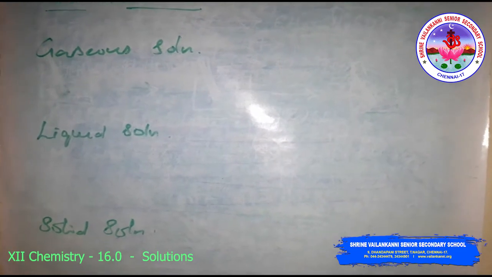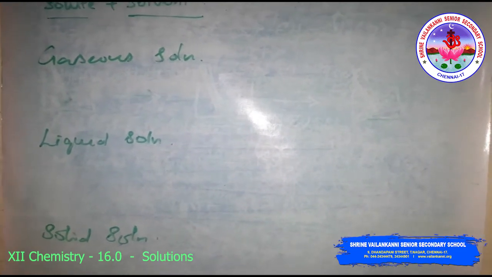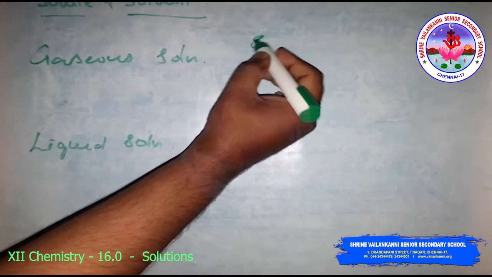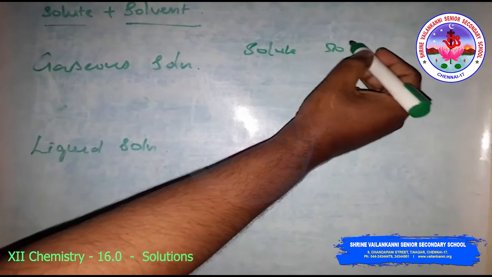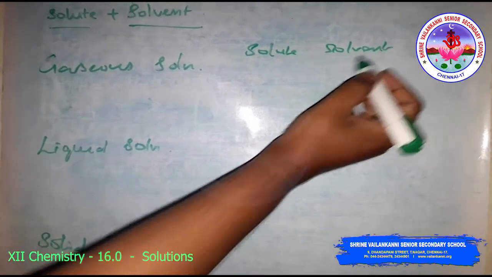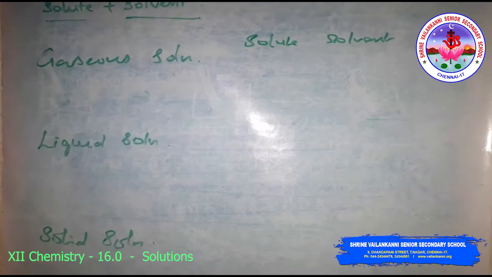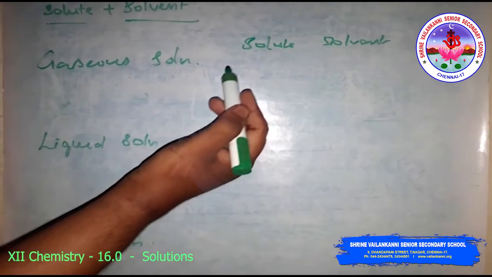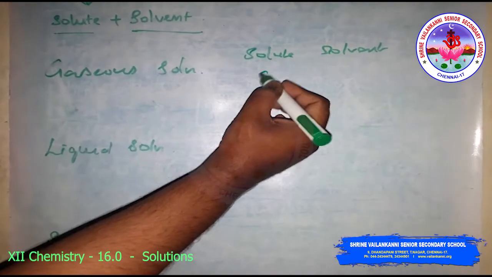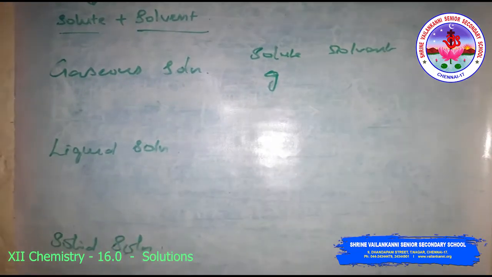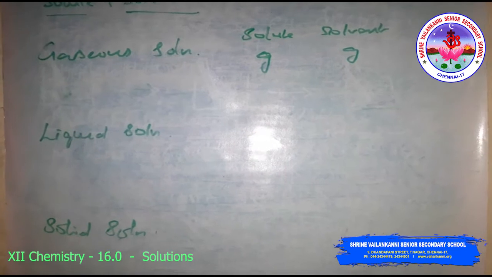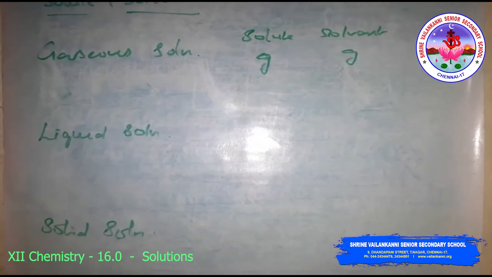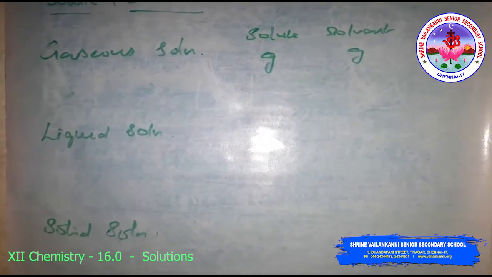First, in gaseous solution, we have to know which is the solute and which is the solvent. Here in gas solution, the solute is gas and the solvent is also gas.